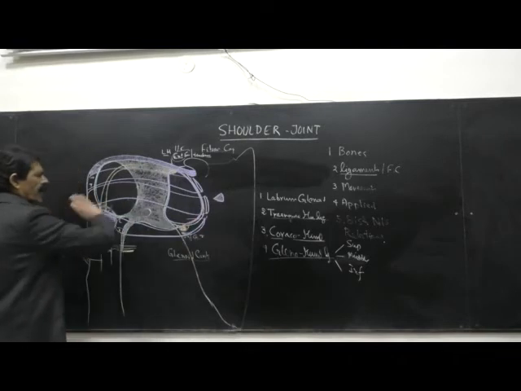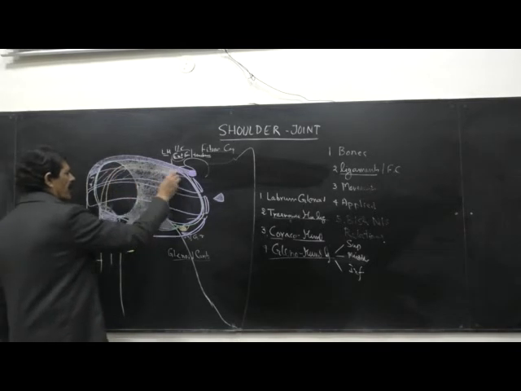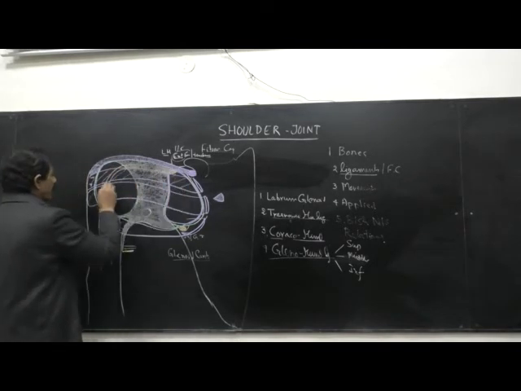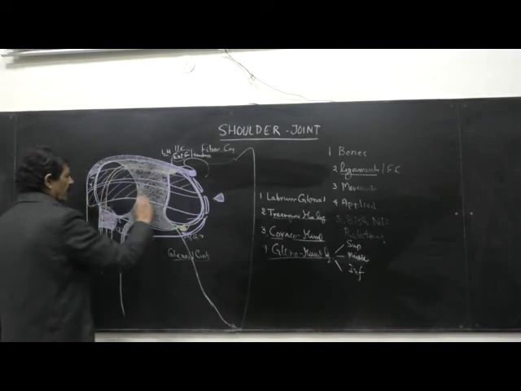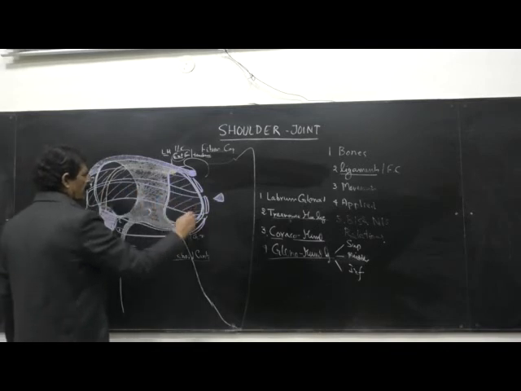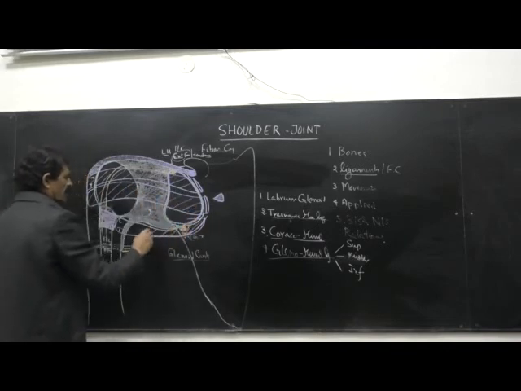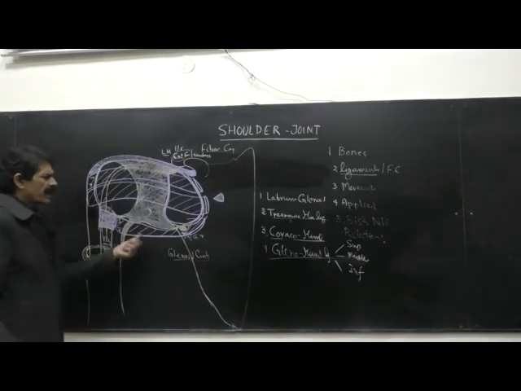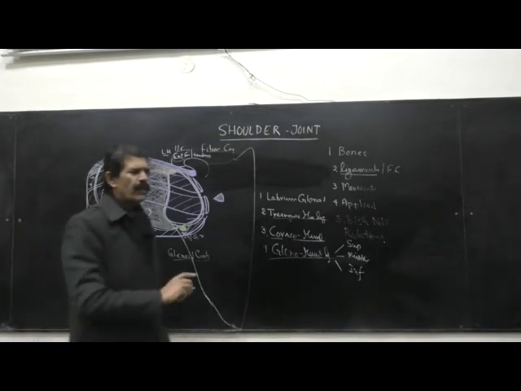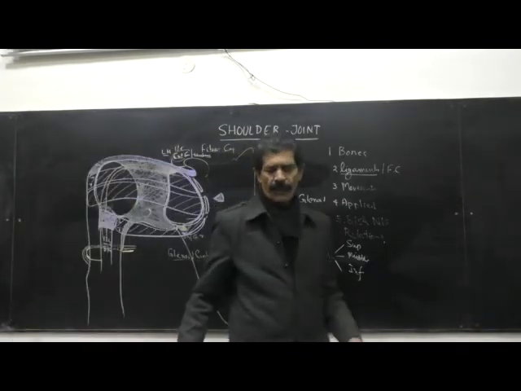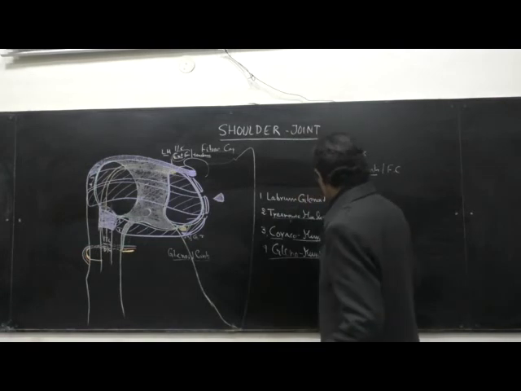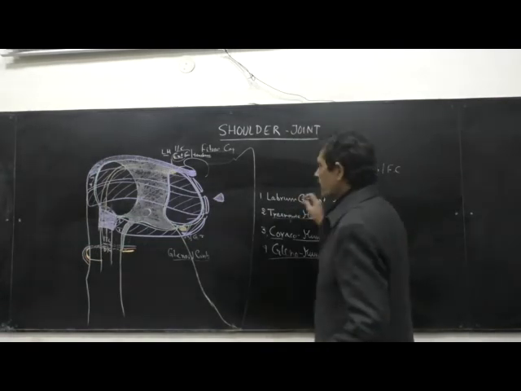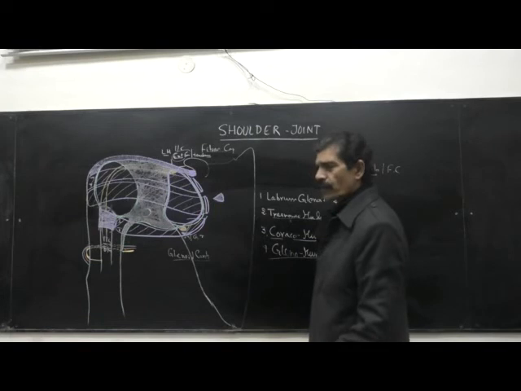So in this way, anteriorly, the three parts of the glenohumeral ligament prevent the anterior dislocation of the shoulder joint, which is a very, very common dislocation. These three ligaments prevent the anterior and the inferior dislocation. So that is how we discuss the ligaments and the fibrous capsule of the shoulder joint.